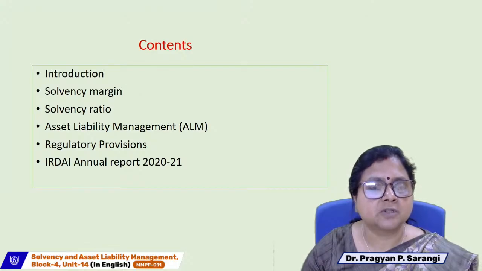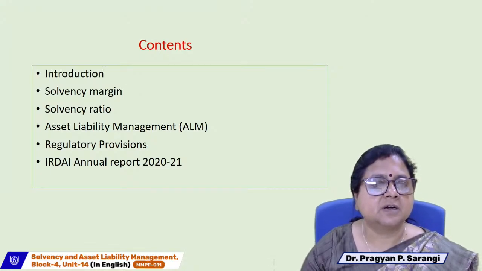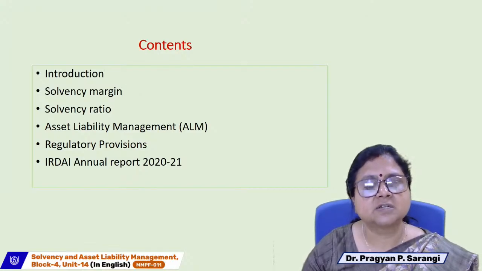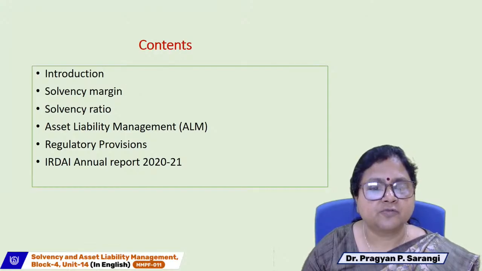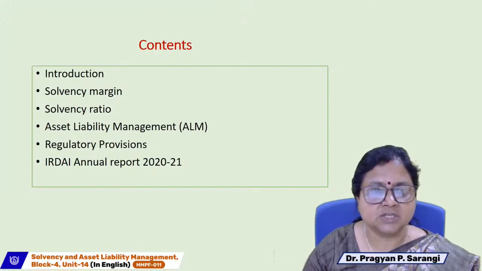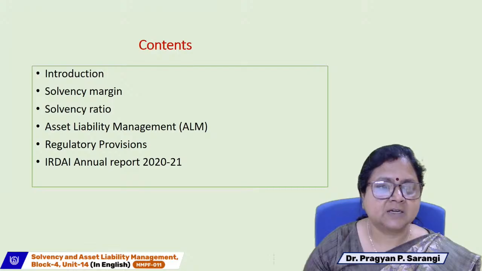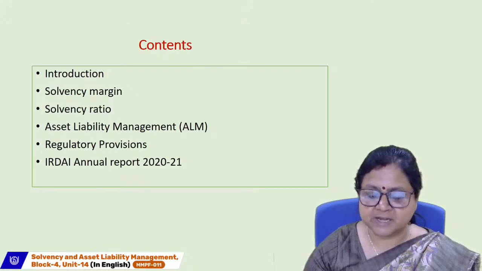Then we will move further to the concept of asset liability management. Finally, we will see the different regulatory provisions, and at last, we will see an example of the IRDAI annual report for 2020-21 on solvency and asset liability management.